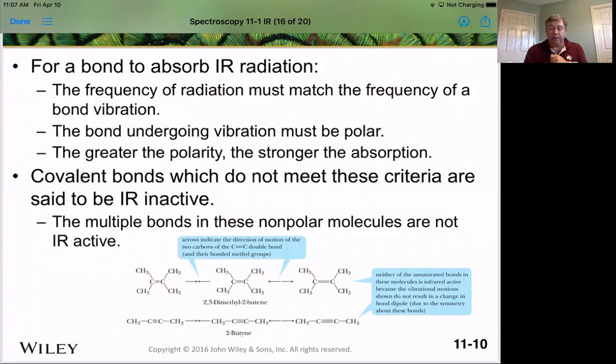So if we look at the multiple bonds within these systems here, we're seeing there's a whole bunch of carbon-carbon bonds and carbon-carbon double bonds. Well, there's very little vibration in these, and so these tend to be IR inactive, or they do not absorb because they are non-polar, and therefore they don't interact with the vibration. So what we're looking for is differences between atoms of different electronegativity, and that gives us the best vibrations that can be seen by IR.